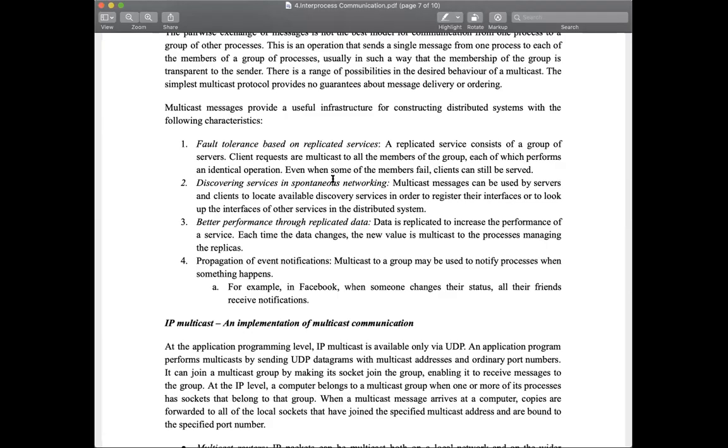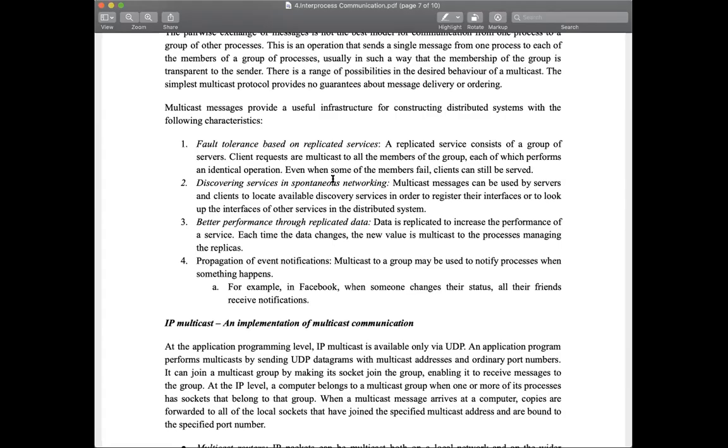So it's like each node multicasts its health. As an example, every node itself multicasts its health to the rest of the members, right?